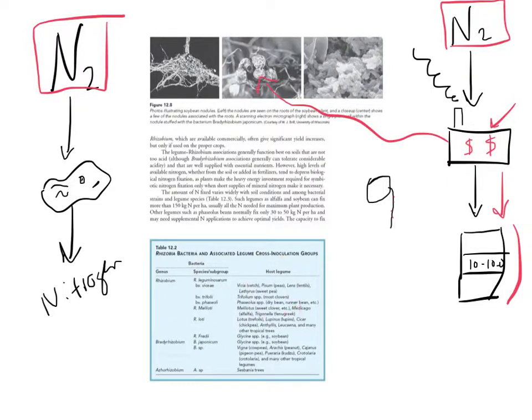But the thing to note in this table is that not every species of Rhizobium is built for all legume species. For instance, for something like alfalfa, you'll see alfalfa right here, we need Rhizobium meliloti.